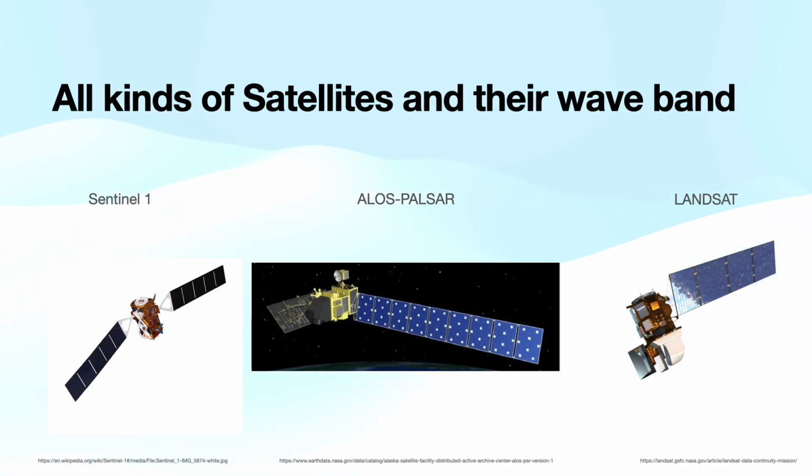Different types of satellites record at different wavebands, and each waveband reveals a different characteristic of the vegetation. For example, Sentinel-1 mostly receives SAR data, which is good for estimating water bodies. PALSAR sends out microwaves that are really good for estimating biomass.